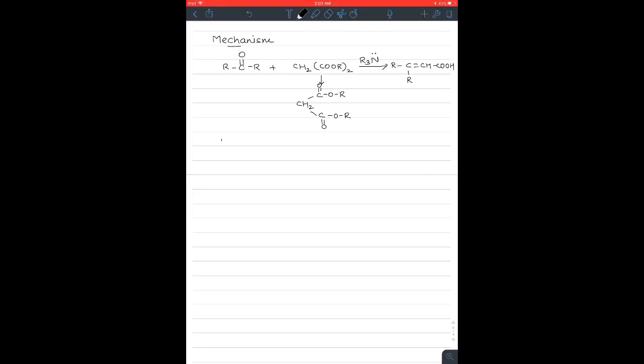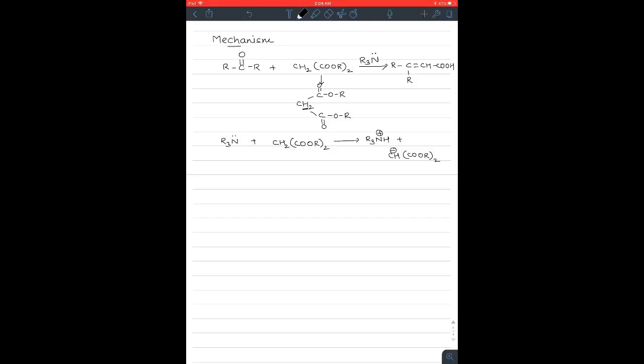Now initially what is happening, R3N, which is a base, is treated with CH2, COOR whole twice. So we can see that this hydrogen which is present is acidic hydrogen, and R3N which we are using is a base. So base will take away the acidic hydrogen and it will be converted to R3NH positive charge plus CH negative charge with COOR whole twice.